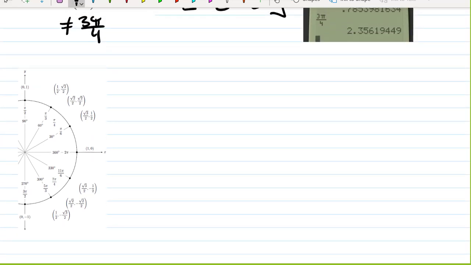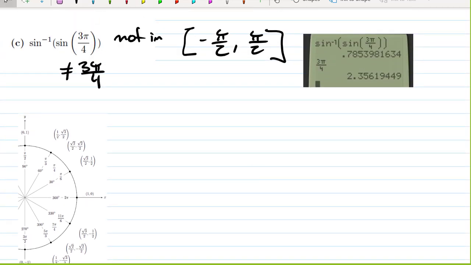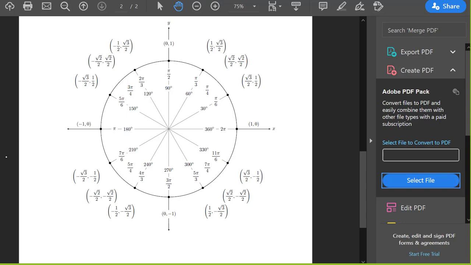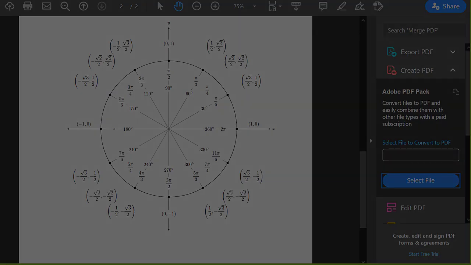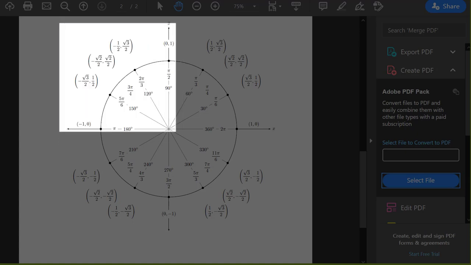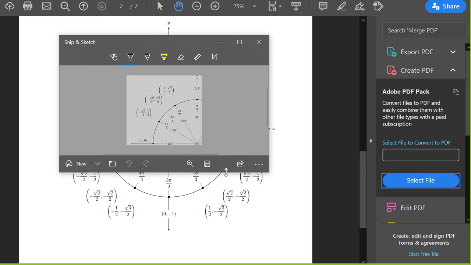But when I look at the right side of my unit circle, we first notice why we have the problem. 3 pi over 4 is not in the right side of this unit circle. So when we go back and look at our unit circle, where is 3 pi over 4? Well, 3 pi over 4 is actually in quadrant number 2 over here.